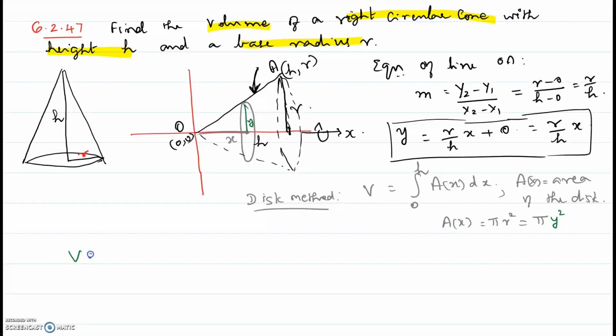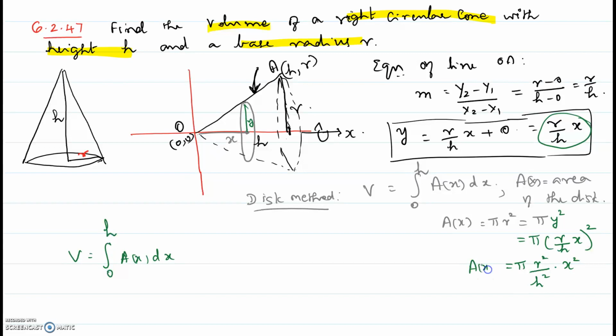So volume becomes the integral from 0 through h of the area of the disk, A of x dx. The area of the disk is pi y squared, but y equals r over h x. That's r over h x, the whole squared. So it is pi r squared over h squared times x squared.